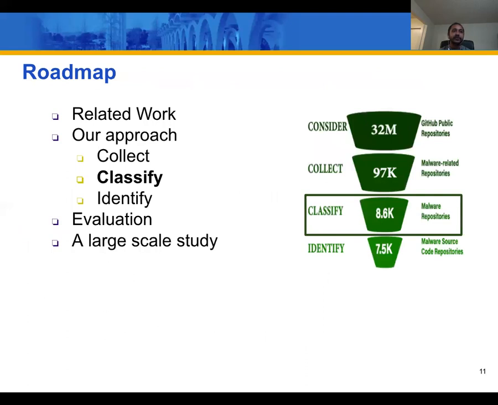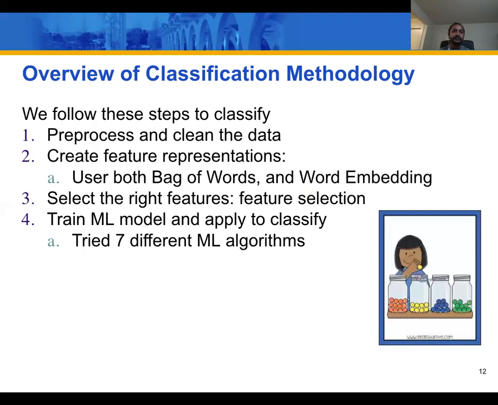Next, we will dive into the classification. How could we classify these repositories into malware and benign repositories? The overview of the classification methodology is, at first we pre-process and clean the data that we collected from these repositories, and then we create the feature representation, because machine learning algorithms don't understand text.